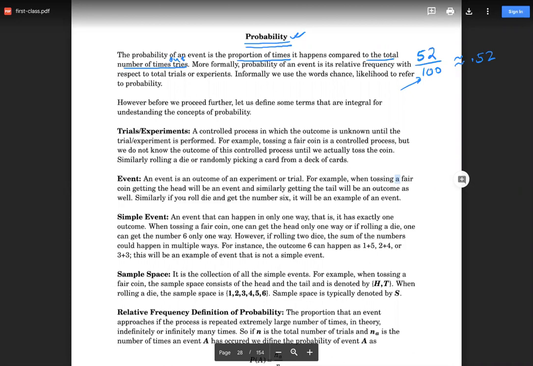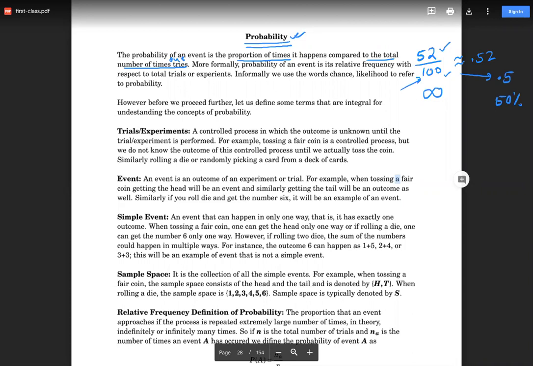If you toss a coin many times, a large number of times, in theory, if you toss it infinitely many times, you will see the ratio of heads divided by the total number of tries approach this number, 0.5 or 50%.